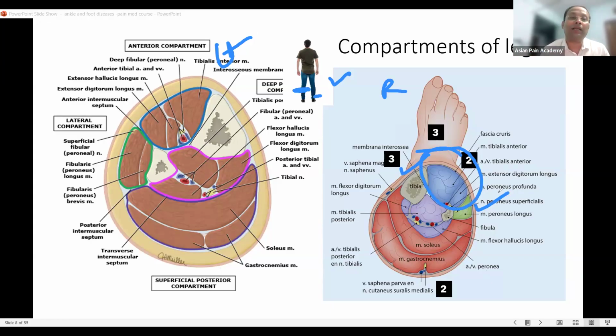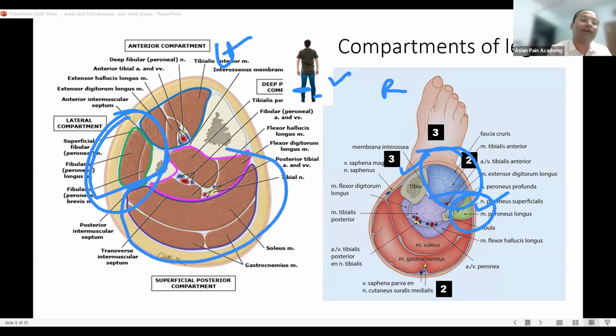Above the fibula, there is the peroneal or lateral compartment. And the third compartment, where the rest of the muscles are, is the posterior compartment.